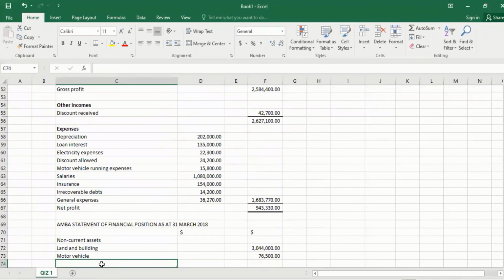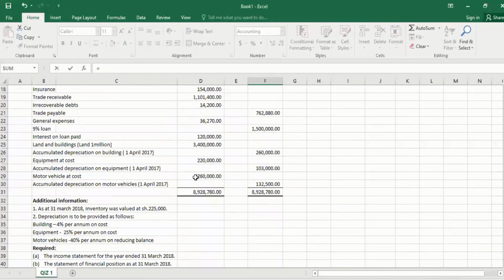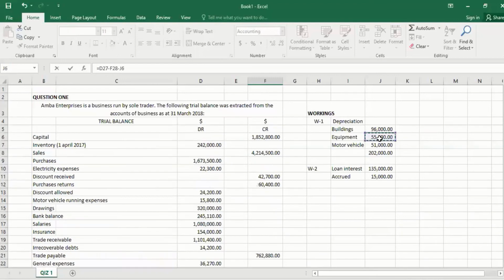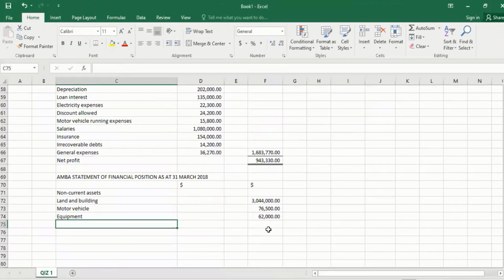Then there is equipment, where we take the cost minus accumulated depreciation minus the current year depreciation of 55,000. So you can get the total value of the non-current assets.